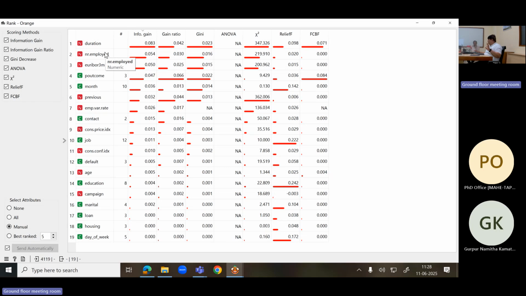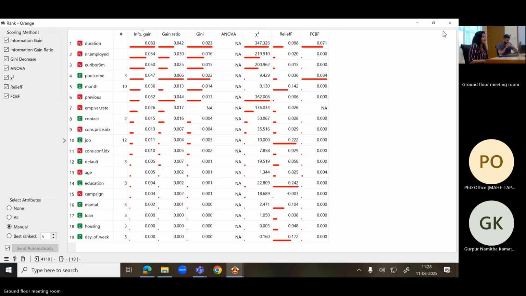So that leveling has been done in such a way that there are some group of people with the duration who had higher tendency to pick up the deposit. Okay, when we get into details, we come to know.